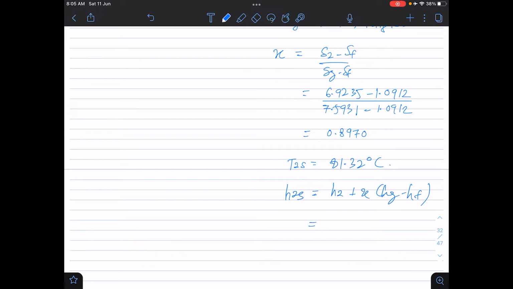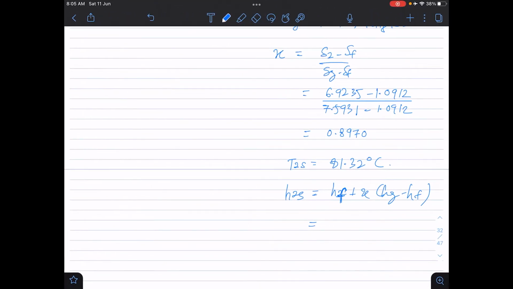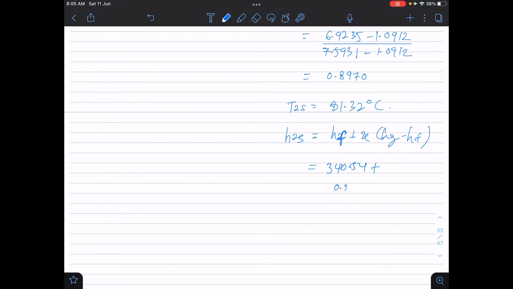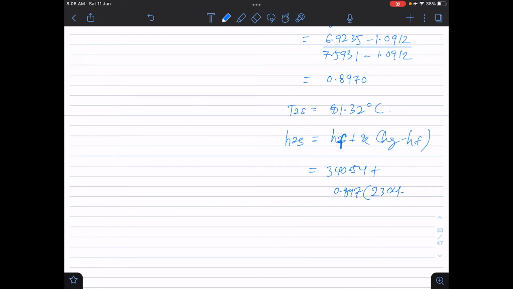Looking at 50 kPa, Hf is 340.54 plus X, 0.897, times Hg 2645.2 minus 340.54, or you can take the shortcut by using the value of Hfg, which is Hg minus Hf, 2304.7. So what you will get here.